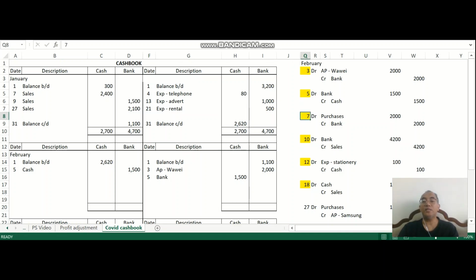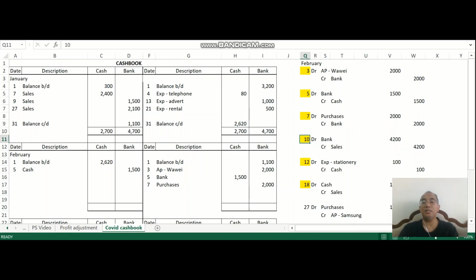On the 7th, debit purchase, credit bank. So again, I go to the credit side, and then I go to the bank. How much? 2000. So I just take 2000. Why? Because I made a purchase using the bank money. Purchases. Okay. Date on the 7th.